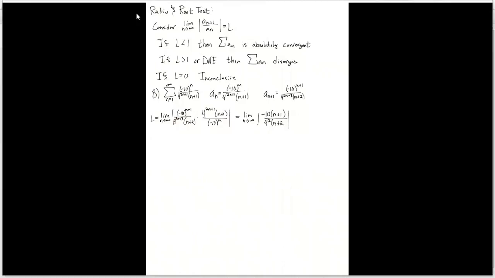And this is equal to 10 over 16 times the limit as n approaches infinity of (n plus 1) over (n plus 2). And by dominance of powers, that's going to be 1. So all we're left with is 10/16.